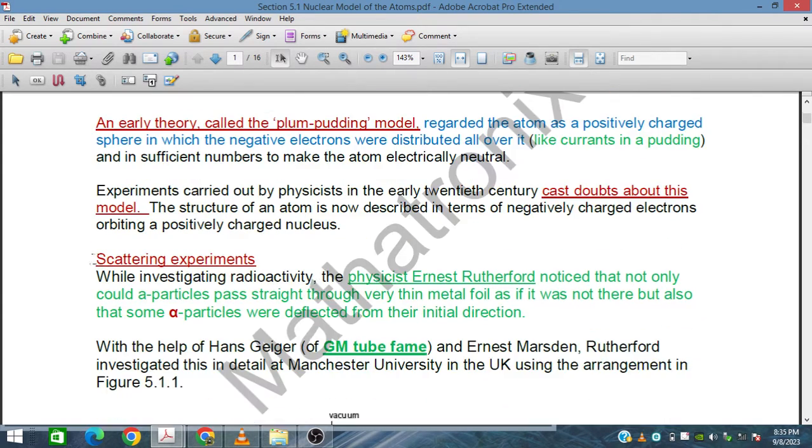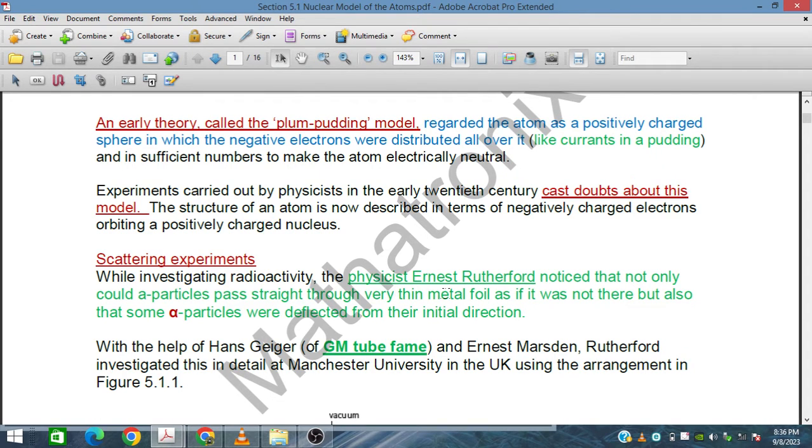With the scattering experiment, Ernest Rutherford noticed that not only could alpha particles pass through very thin metal foil as if it were not there, but also some alpha particles were deflected from their initial direction.